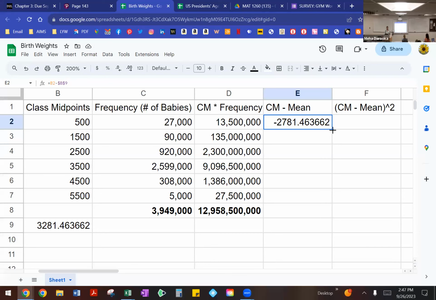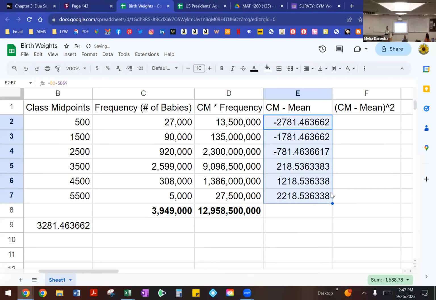We're going to leave the rounding till the very end, till we get the final answer. So even for the mean, I'm just going to leave it as it is.